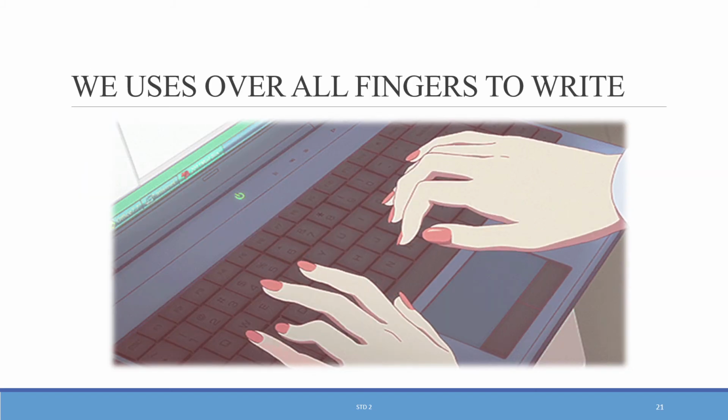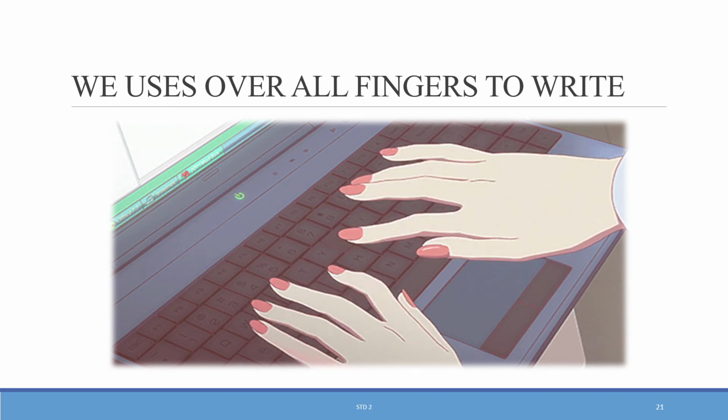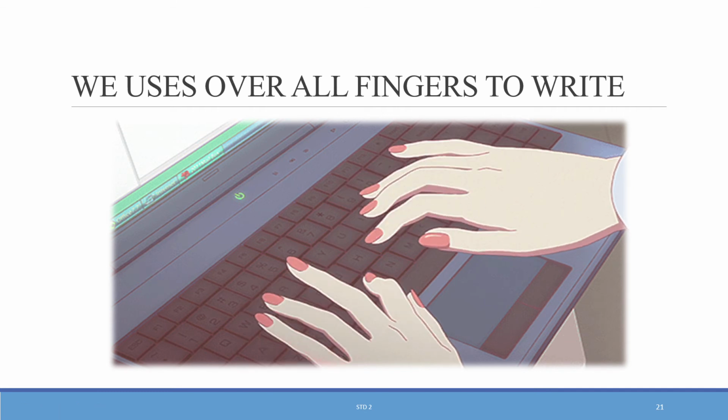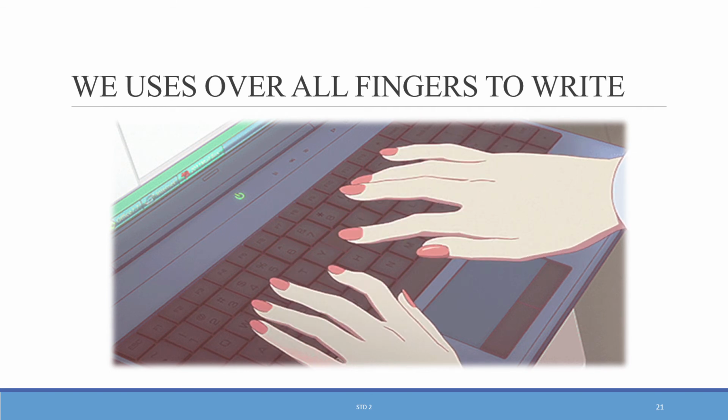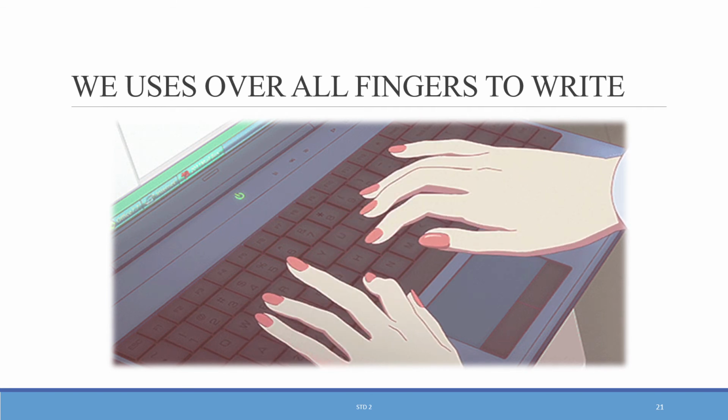Now see, we use all our fingers to write. See here the fingers are moving on the keyboard, right? You can see here these fingers are moving on the computer. Yes, and we use our 10 fingers, all the fingers which both hands have. Total 10 fingers we have, and we use these 10 fingers to type in a computer, to type letters, numbers, special symbols, or to draw also.